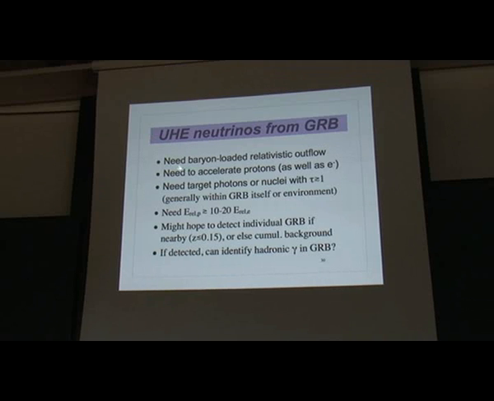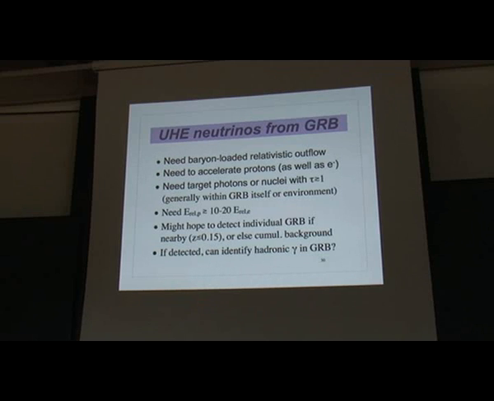So the first thing you need is baryons. If it's just an electron-positron plasma, you will get essentially no neutrinos. And so these would be a very nice test of what is the baryon load of the fireballs.